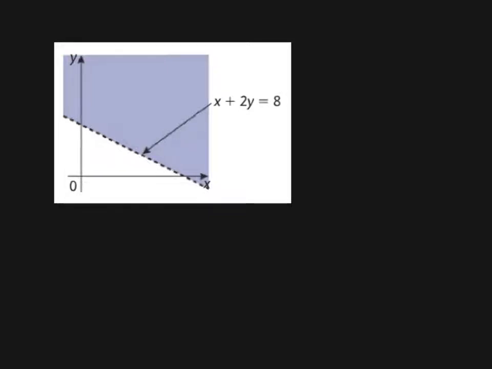Let us try to describe the region left unshaded here. Again, my border line is x plus 2y is equal to 8. Therefore, in one of the regions, I will have x plus 2y smaller than 8. In another region, I'll have x plus 2y bigger than 8. So I will need to see what region is the one unshaded.